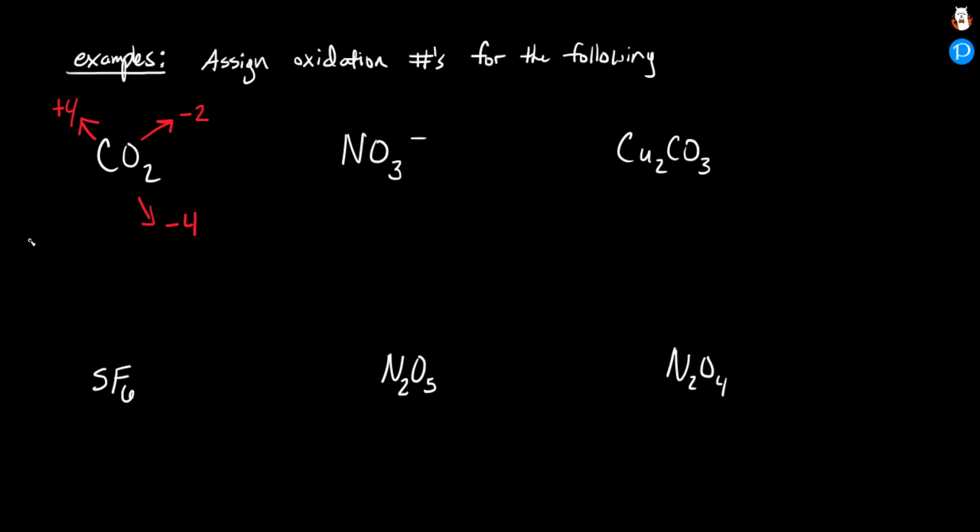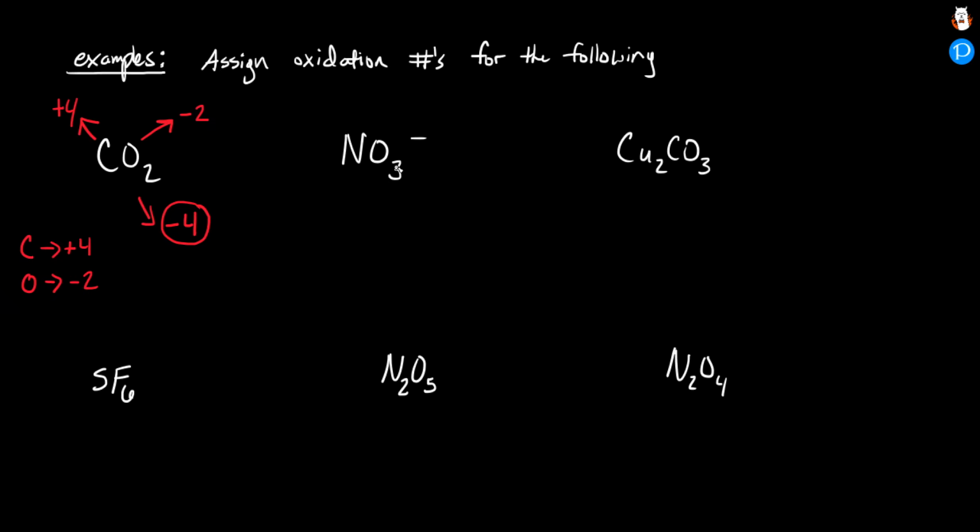So my oxidation state for carbon in this CO2 molecule is +4, and my oxidation state for oxygen was -2. So don't use the total that you have for oxygen. You want to put the oxidation state on just a single oxygen within there, which is going to be -2.